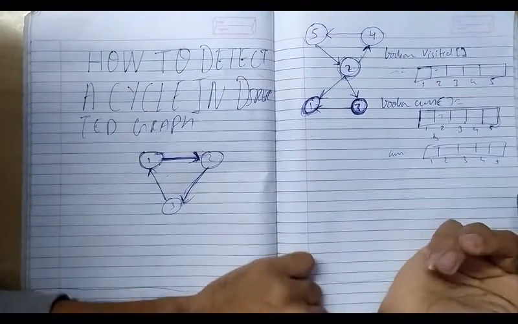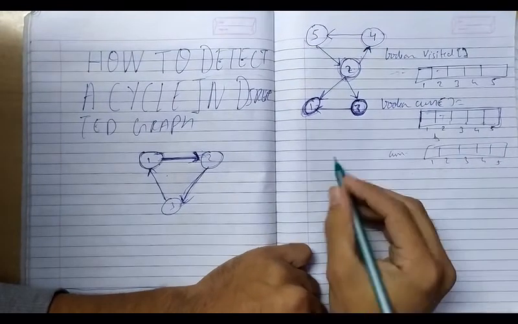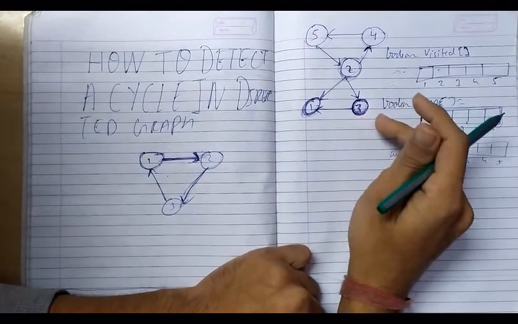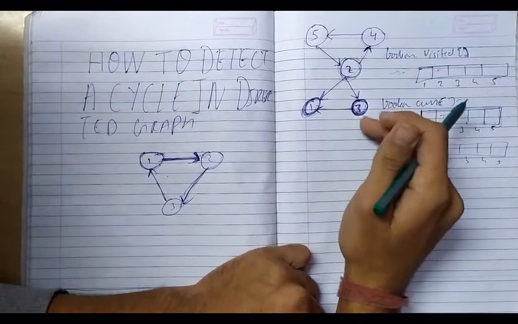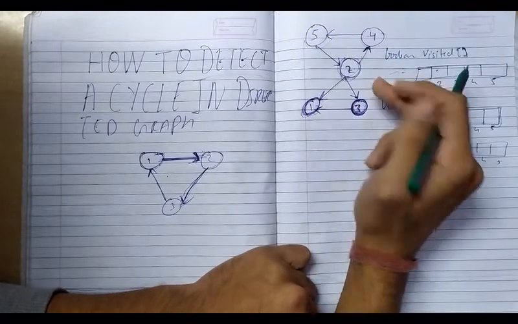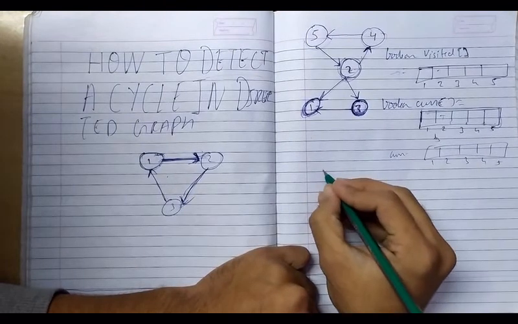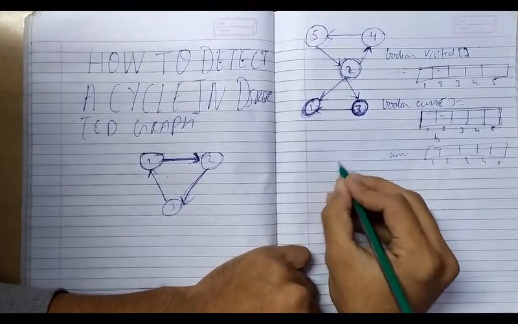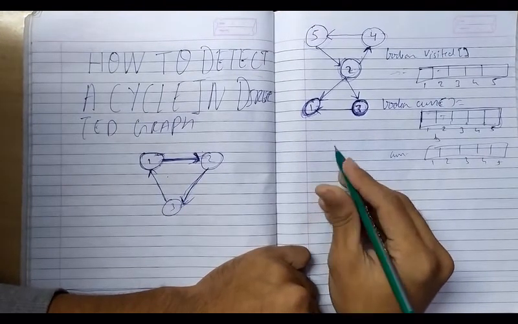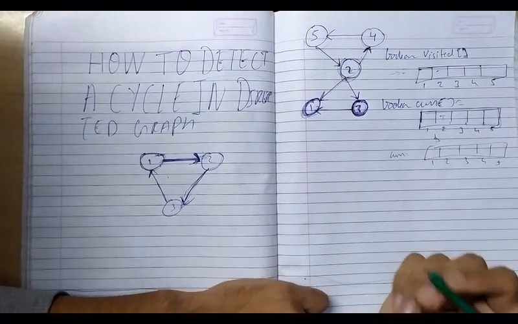Okay, so let me explain with this example how we see there is a cycle in this graph. First of all, let me draw an adjacency list. What will be the adjacency list of this graph?